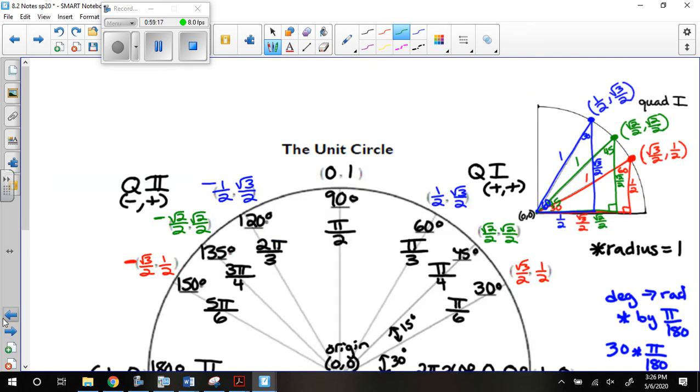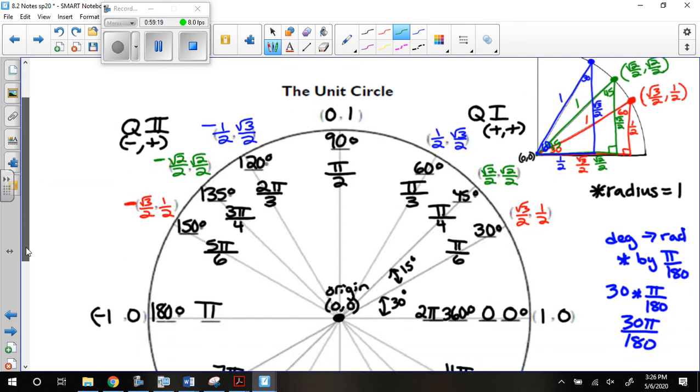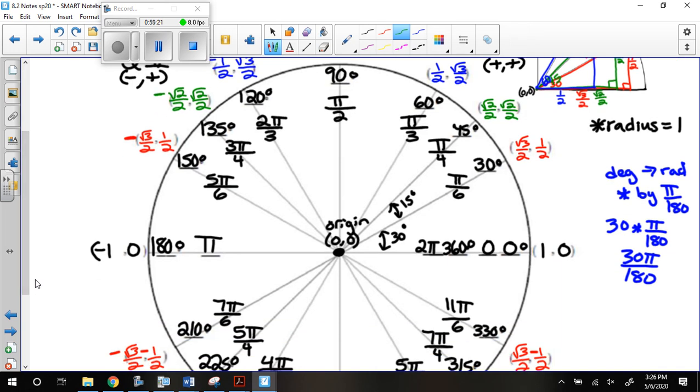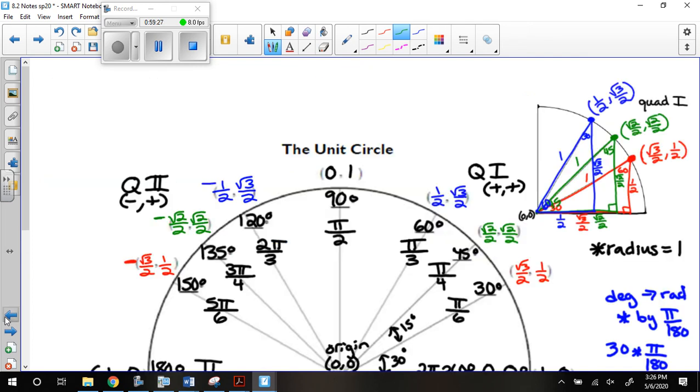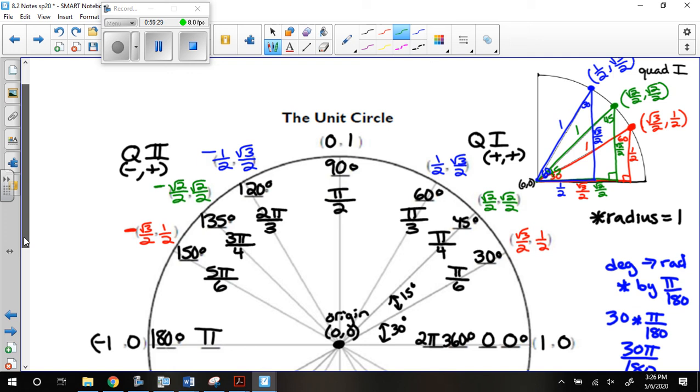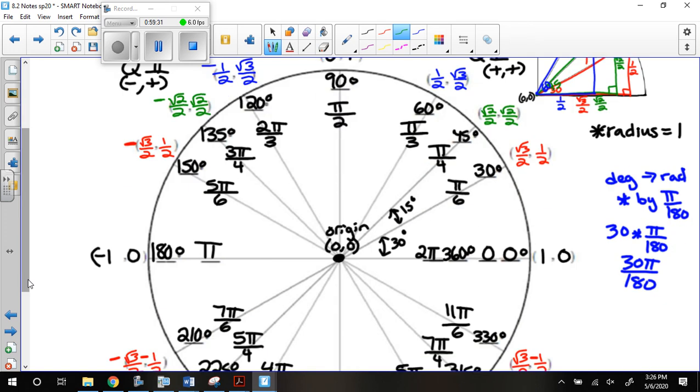You can also just go around the circle in the opposite direction. So here, let me go back. This was negative 2 pi over 3. If I find regular 2 pi over 3, here's regular 2 pi over 3. If I start at my initial side, I have to go through one quadrant and then 30 more degrees to get to 2 pi over 3, correct?